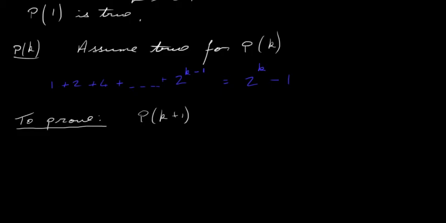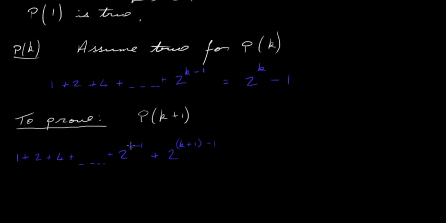So we need to prove that 1 plus 2 plus 4 plus, and so on, up as far as here, 2 to the power of k minus 1. But now we've got to add a k plus 1 in there, so we have another term here. So that's plus 2 to the power of k plus 1 minus 1.